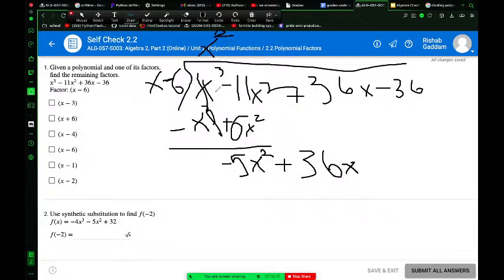Okay, so basically what you do is you have to multiply, so you know that x times x to the power of 2 is x to the power of 3, right? Do you understand until there? Yeah. So now you have to multiply x to the power of 2 times negative 6, because this negative 6 is also part of this divisor, right?